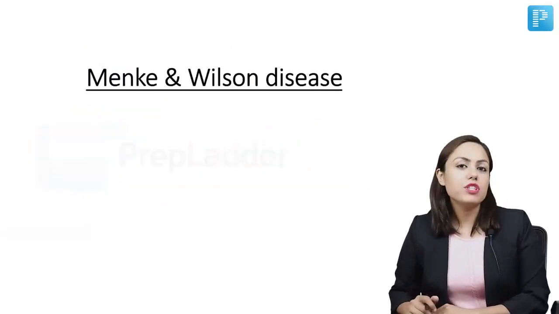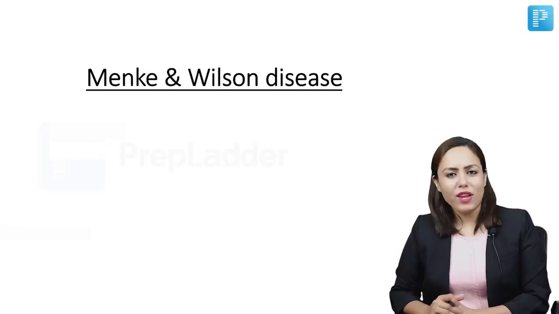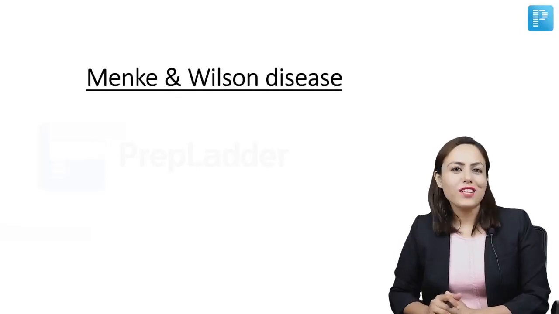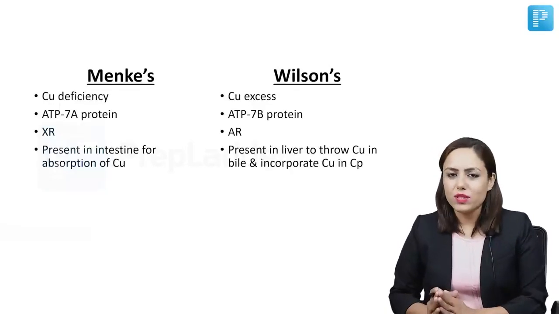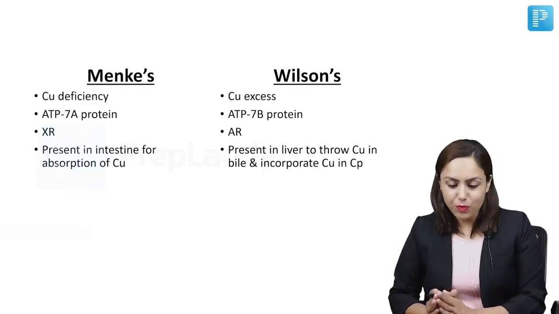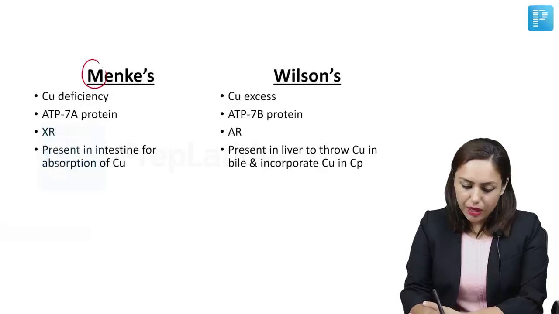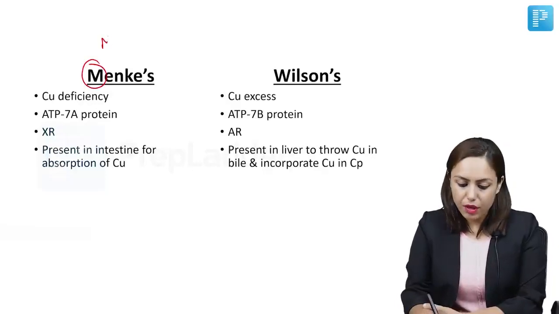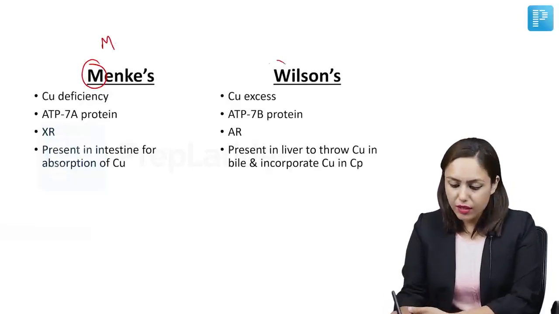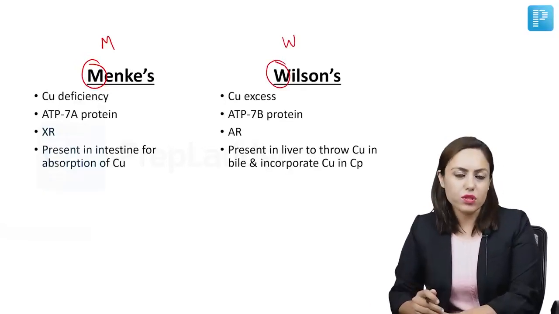Menkes and Wilson's disease. It is very, very important. So let's get started. I will help you learn a few points here on this slide. See here, M comes before, and then W for Wilson's comes afterwards.